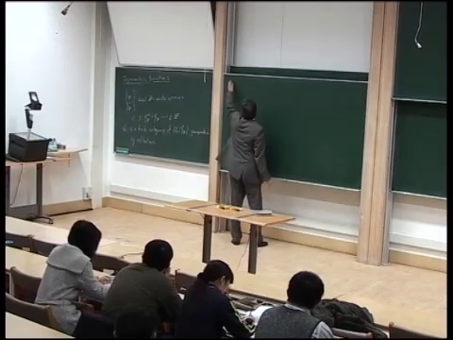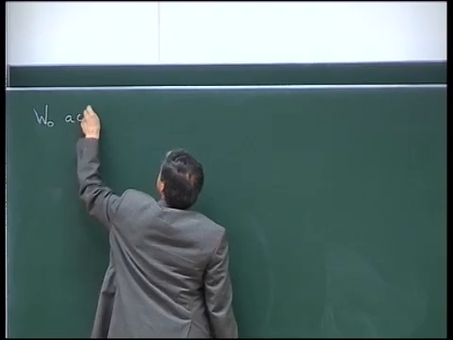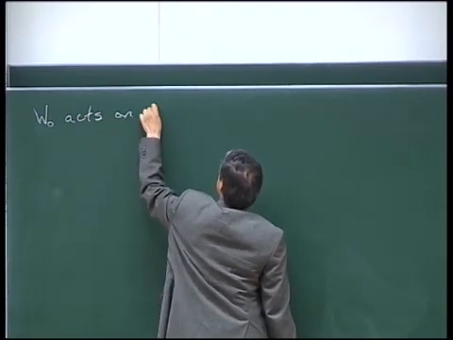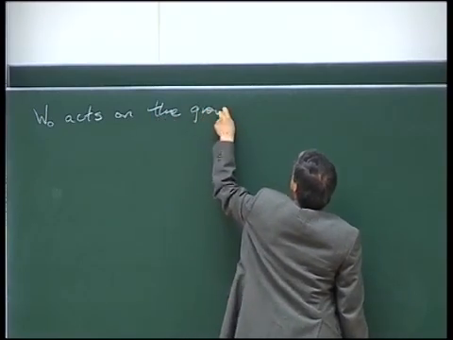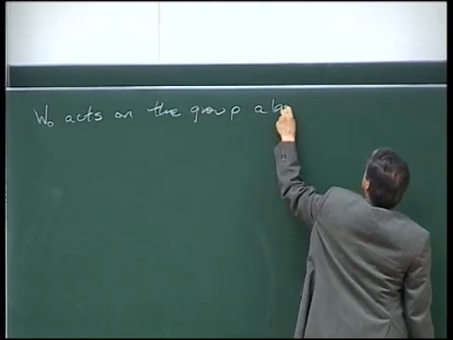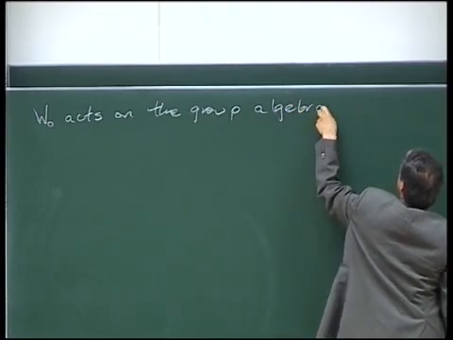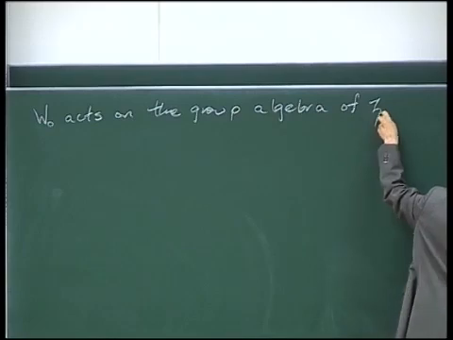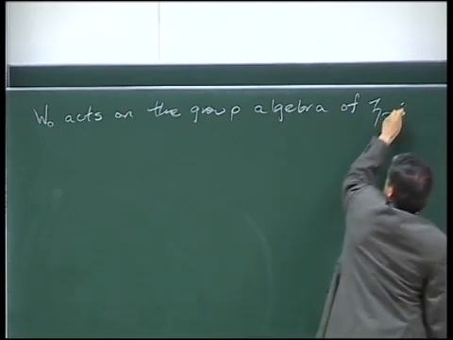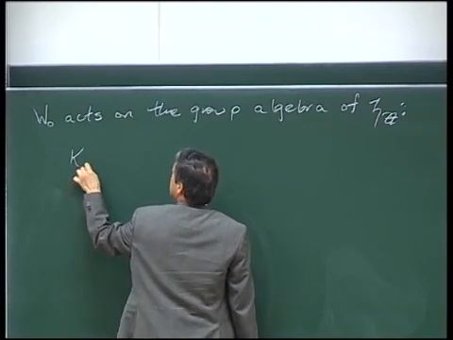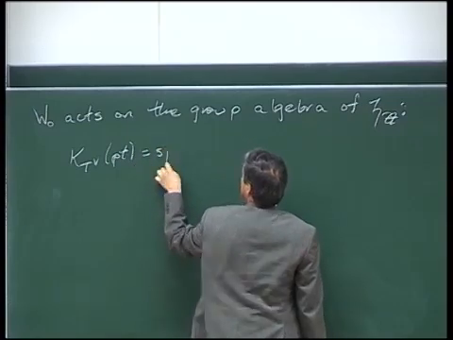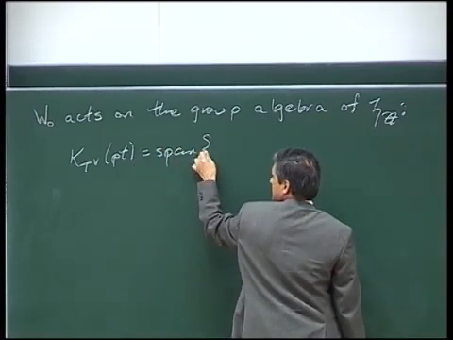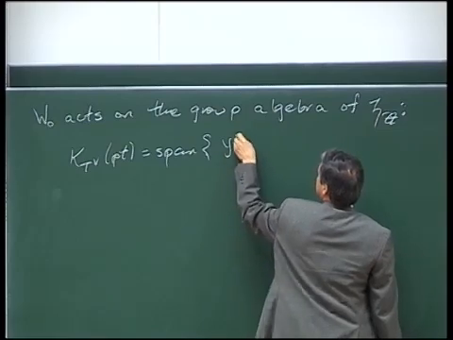Okay, so W naught acts on the group algebra of the lattice. So the group algebra of h_Z. So let me call it K_T check of a point. So this is a fancy notation for the group algebra of this lattice.